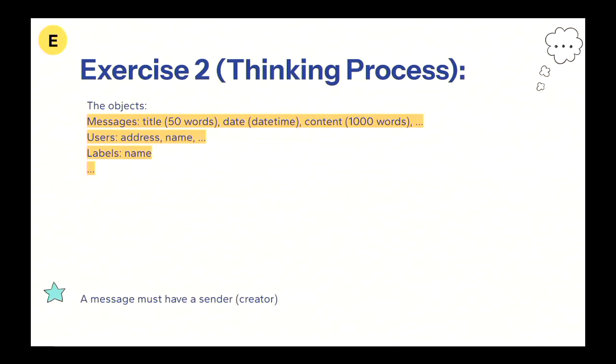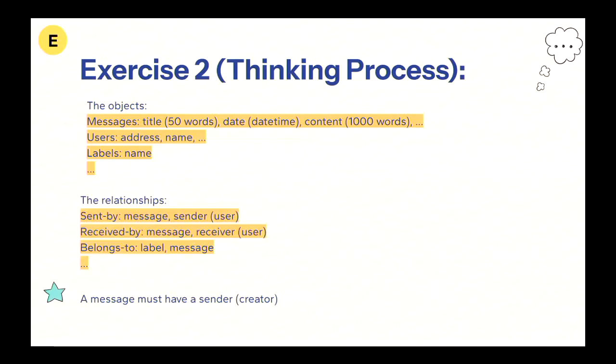So now we have the objects and the relations. We can think about the constraints. So for the title of the message, we can have a limit of the words. For date, it must be a date time type of information. And for content, we can limit it to 1,000 words, and so on.